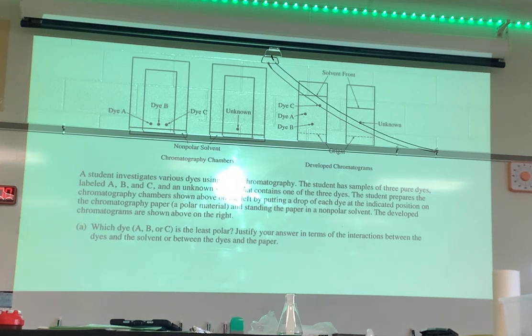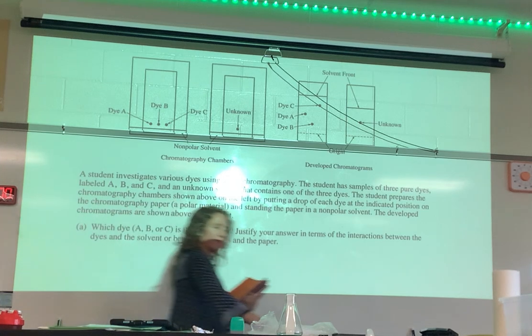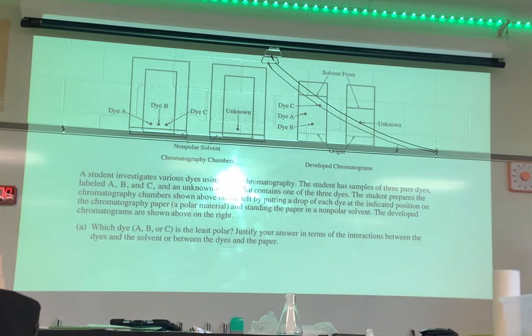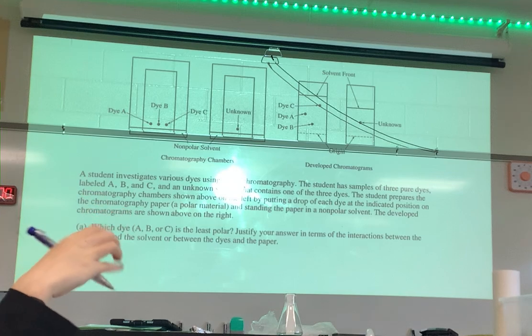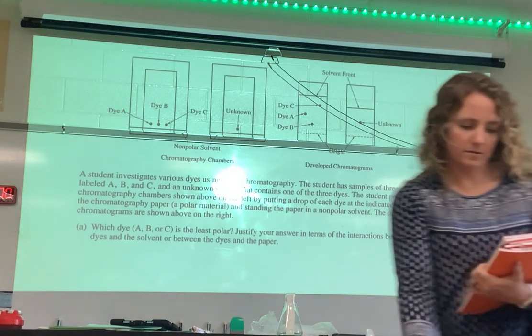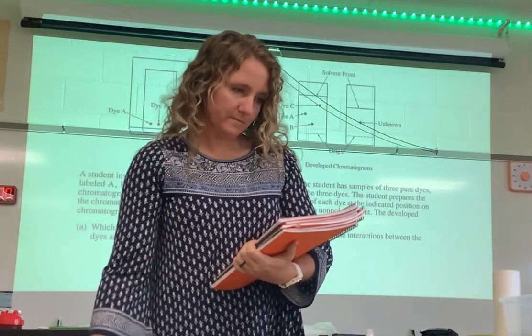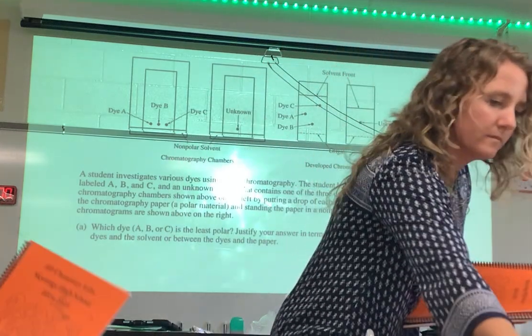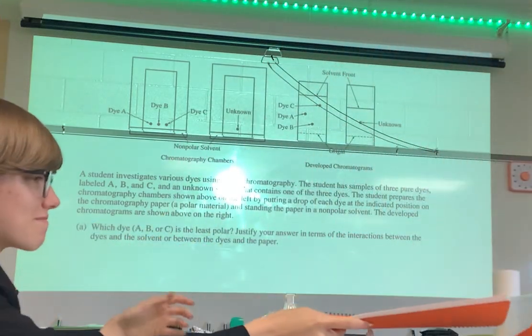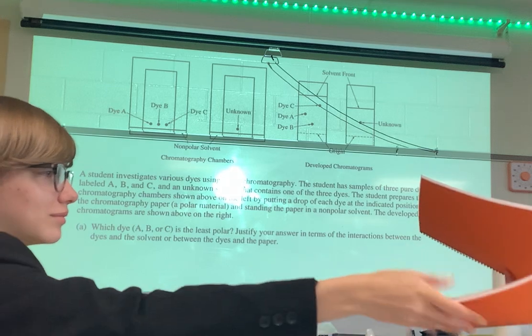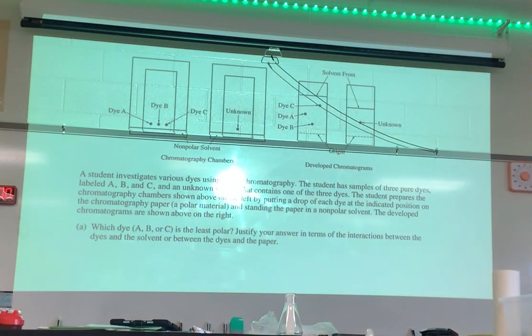All right, you can keep writing on your own, but if you want to inquire of your neighbors what they wrote, you're allowed to talk to them now. I said C. Also I said C. The paper is polar, so since the paper is polar, B would be the most polar.